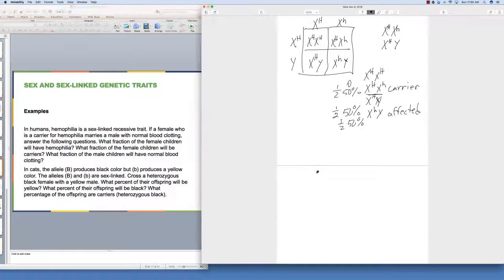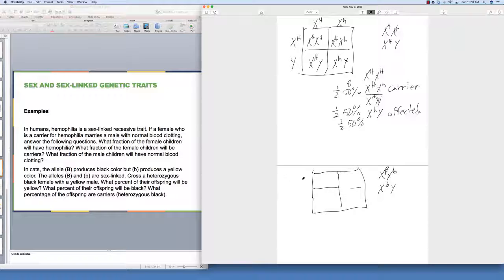Okay, so let's first draw our square. Make it big enough. And we have a heterozygous female with a yellow male. That's what it looks like right there.